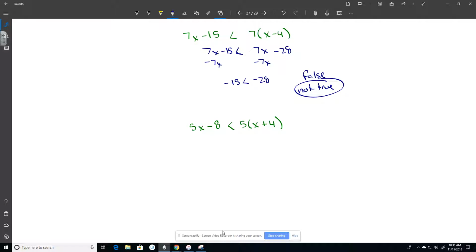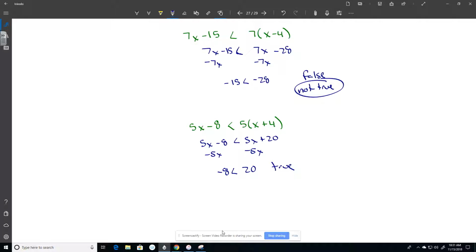Okay. The other thing that can happen, 5x minus 8 is less than, if I distribute this 5x and 5 times 4 is 20, when I minus 5x from both sides, again, my x's go away. So negative 8 is less than 20. That is true. So what that means is that this inequality is always true.